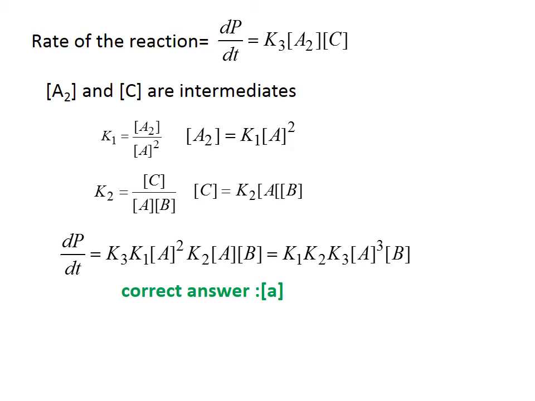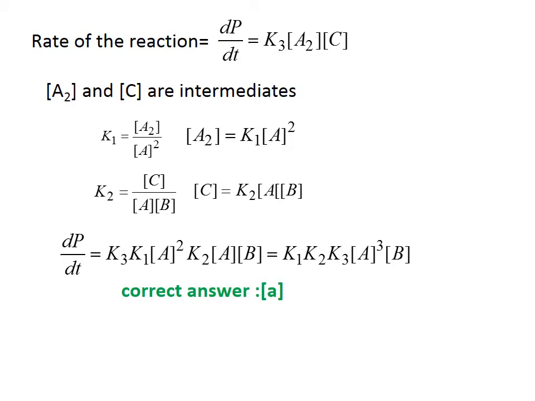From equation 1, the equilibrium constant K1 equals [A2] divided by [A] square. From that, [A2] will be equal to K1 into [A] square.